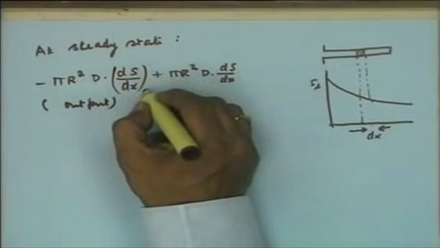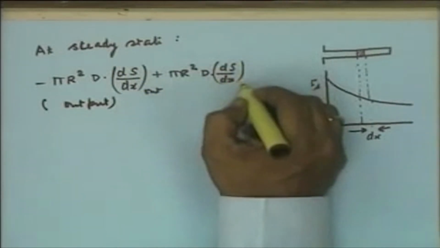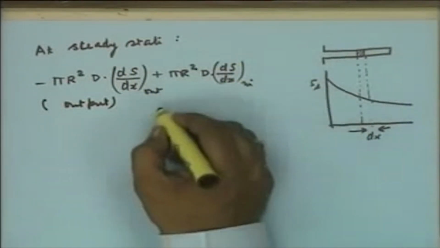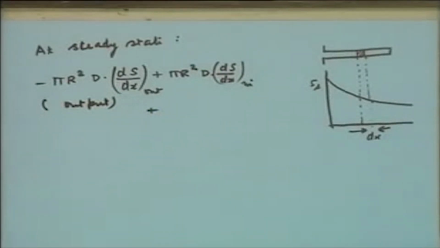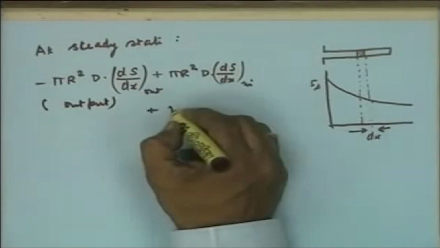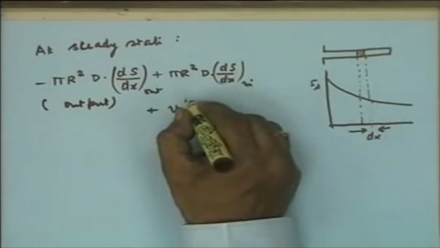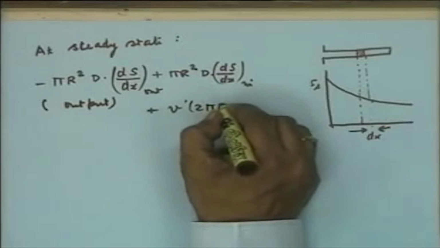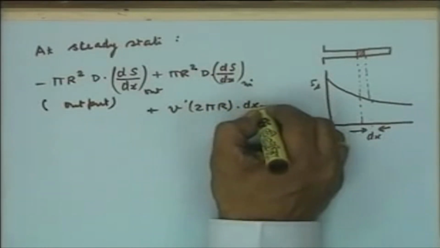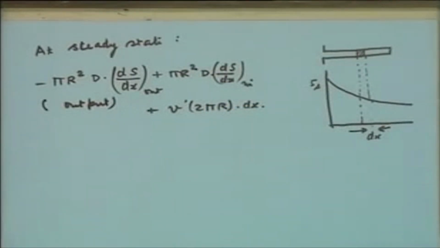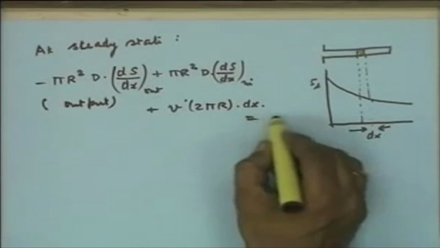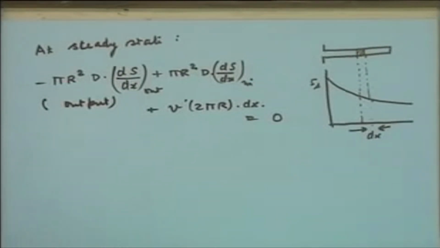Sorry, this can be out. Input plus the conversion as a result of the biochemical reaction, that is V dash into 2 pi r into dx. Now this should be equal to 0, as at steady state we make a mass balance for substrate across the differential element.